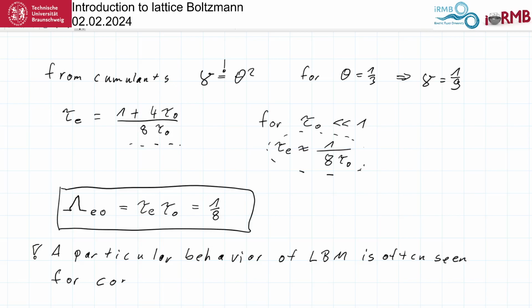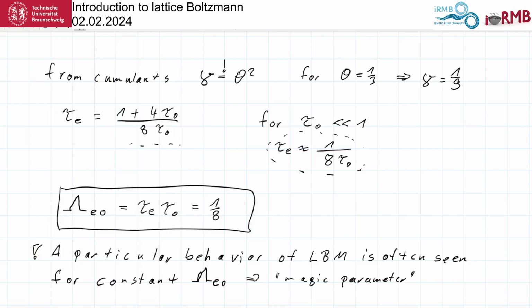For example, in the Navier-Stokes equation, this would probably be different. But we see usually interesting results if this odd-even number, lambda odd-even, is made constant, and this has given rise to its name as magic parameter.